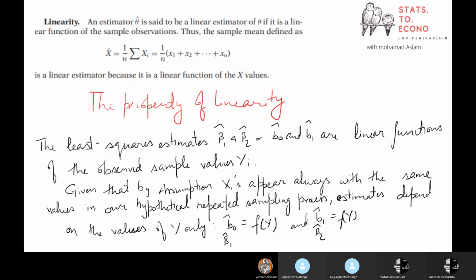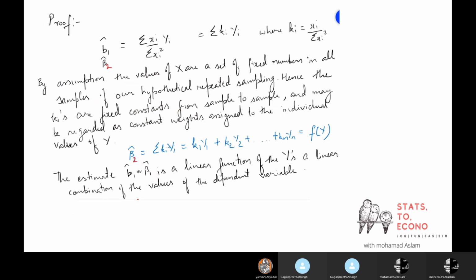And second, what's the importance if they are linear? Is there any significance? We are saying this is a property of these OLS estimates, but what significance is this property giving us?